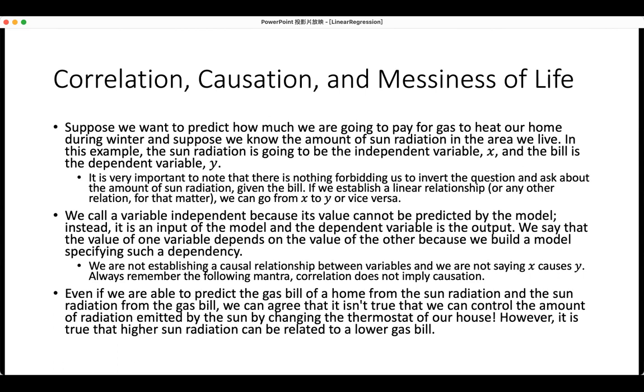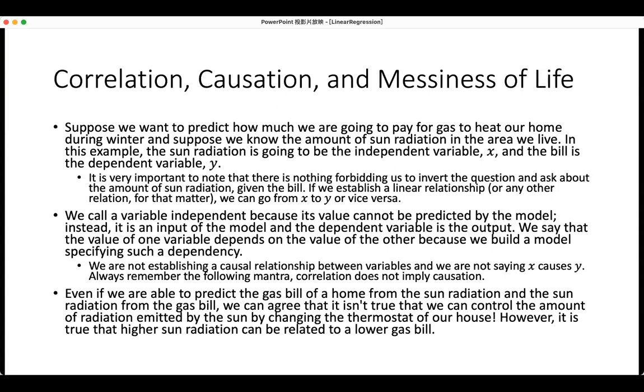The sun radiation can also be used to predict the gas bill of our home. As I said, we can build a simple linear model between them. However, it is true that higher sun radiation can be related to a low gas bill, but it isn't true that we can control the amount of radiation by changing the thermostat.